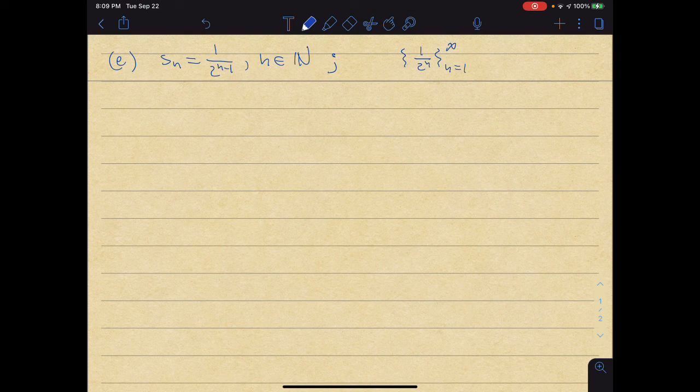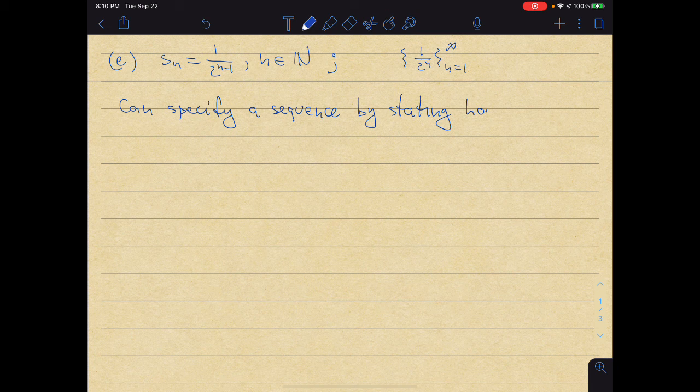So what we observed is that we can specify a sequence by stating how Sn depends on n.